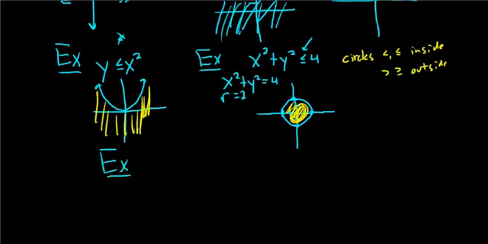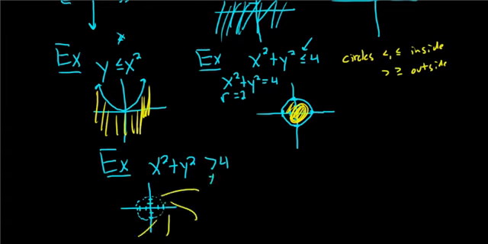Say we had x squared plus y squared bigger than 4. You draw the y-axis, you draw the x-axis. This time it's a dotted circle, right, because it doesn't allow for equality. And it's greater than 4, so we shade outside the circle, out here. So all of this is shaded.